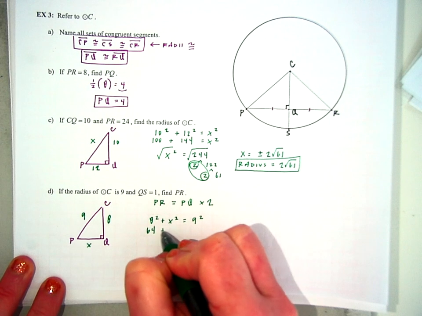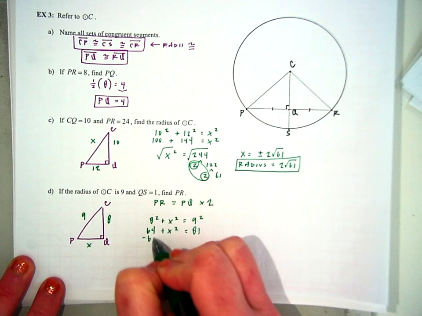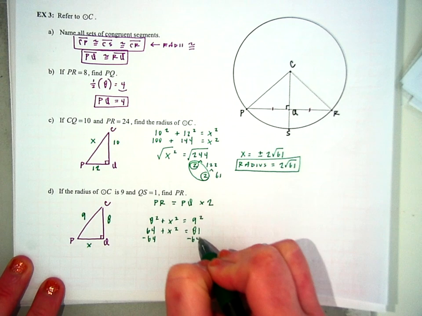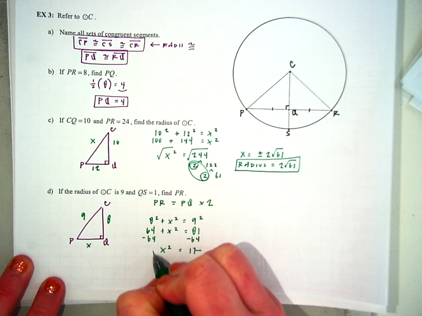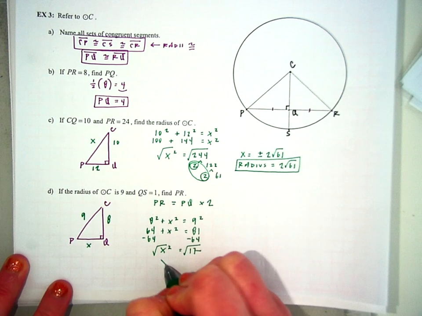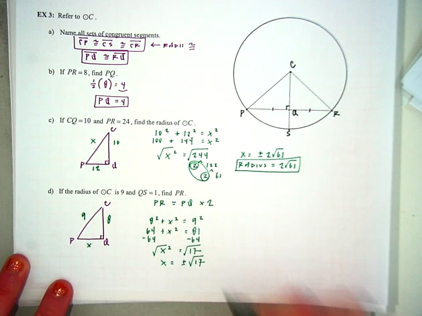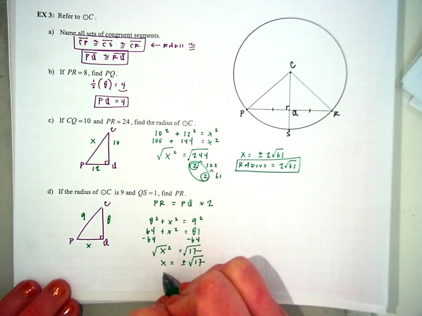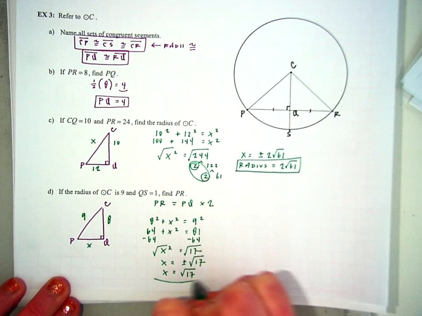So 64 plus X squared equals 81. Take away the 64. So X squared equals 17, solved by taking the square root. X could technically be plus or minus the square root of 17, but it's a measurement. I'm only interested in the positive, so I get the square root of 17.